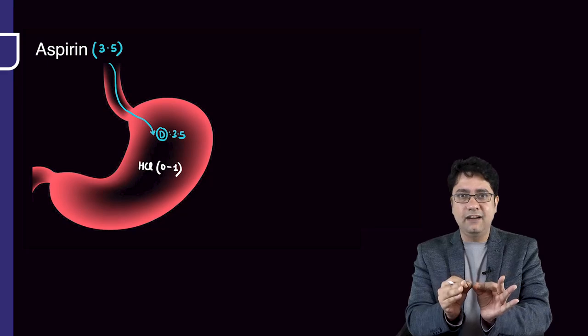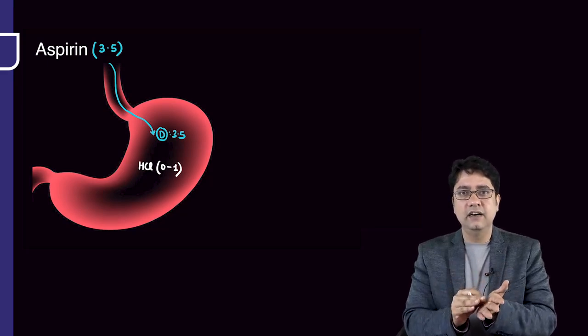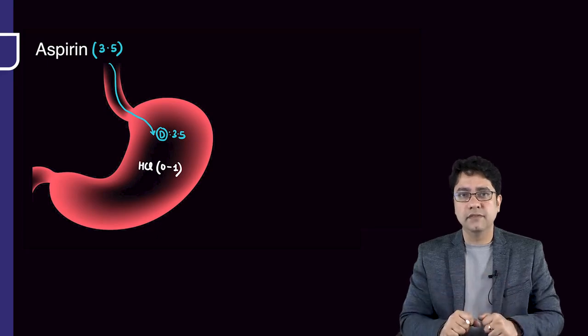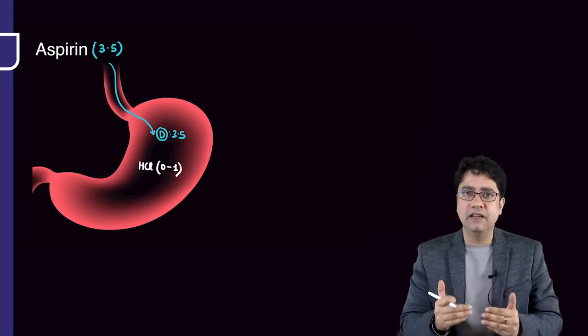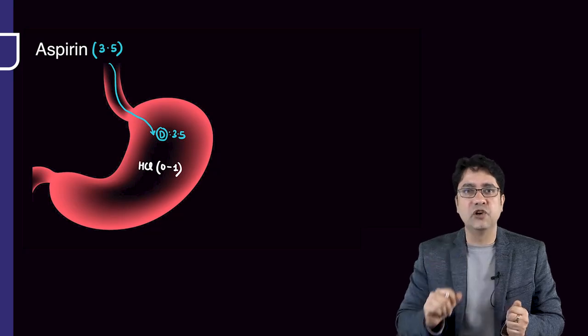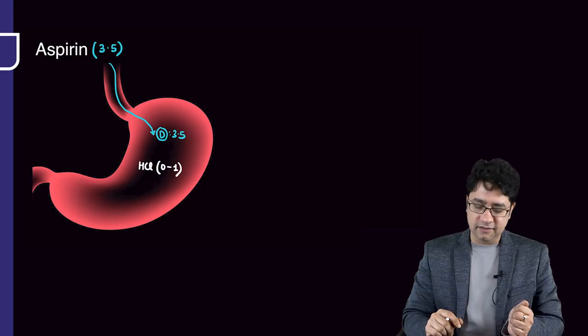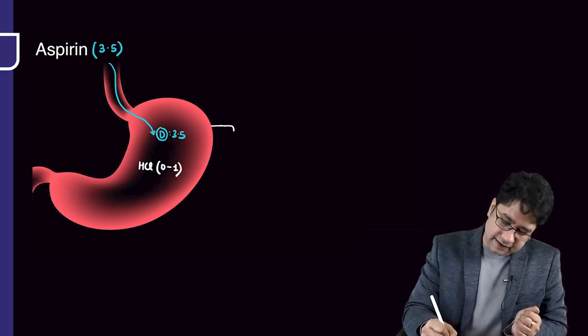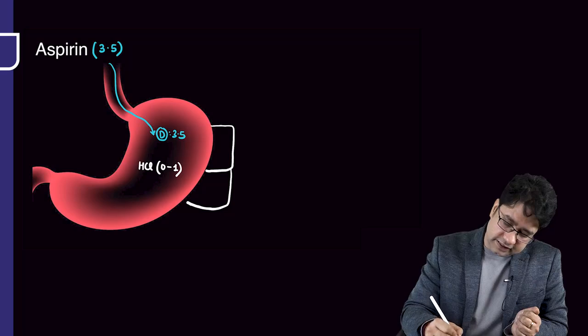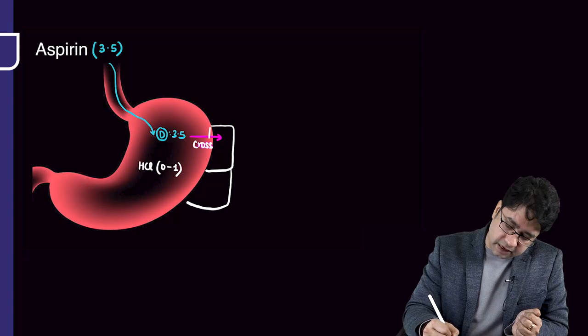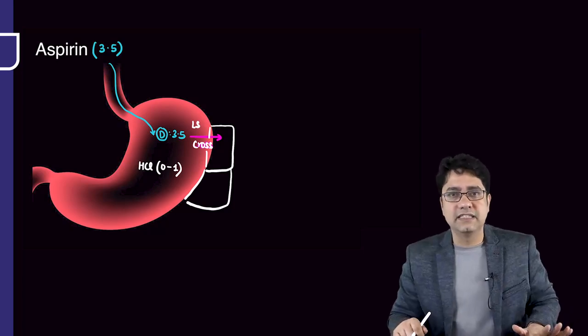Now this acidic drug is inside a more acidic media. Can you tell me how aspirin will behave? Can we say aspirin will behave as a lipid soluble, non-ionic drug? Because of this, can we say aspirin will cross the cell membrane barrier? Yes, it will cross the cell membrane barrier. And because aspirin behaves lipid soluble, it will enter into the stomach cells.